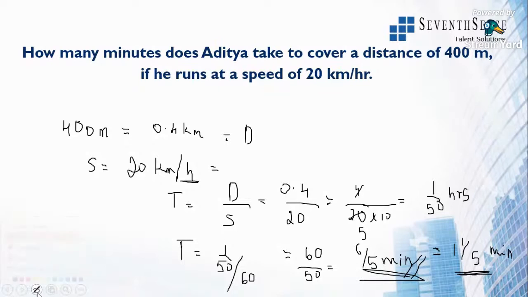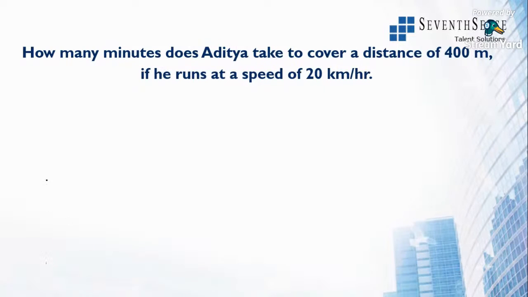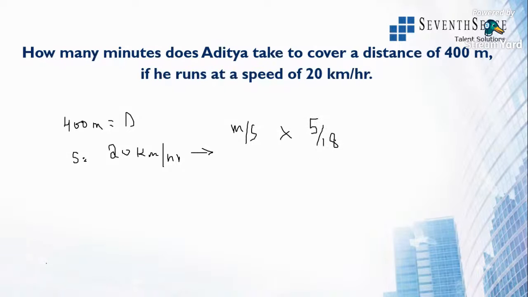So I'll tell you how to use the other way, where you keep 400 meters as the distance as it is. So distance is 400 meters, speed is 20 kilometer per hour. If you convert kilometer per hour into meter per second, what is the way to do it? You need to multiply by 5 by 18.